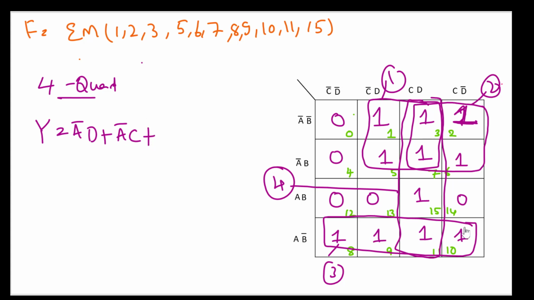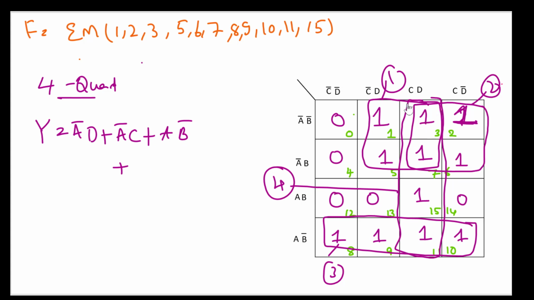If you take the third quad, A B bar is common and all four cells are ones. If you look at the first two, D gets eliminated. In the second, C gets eliminated. So you are going to write only A B bar.